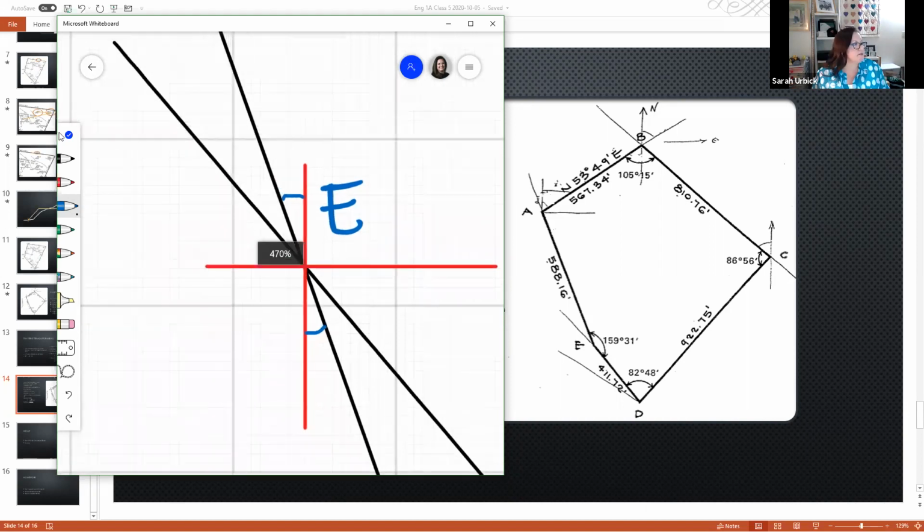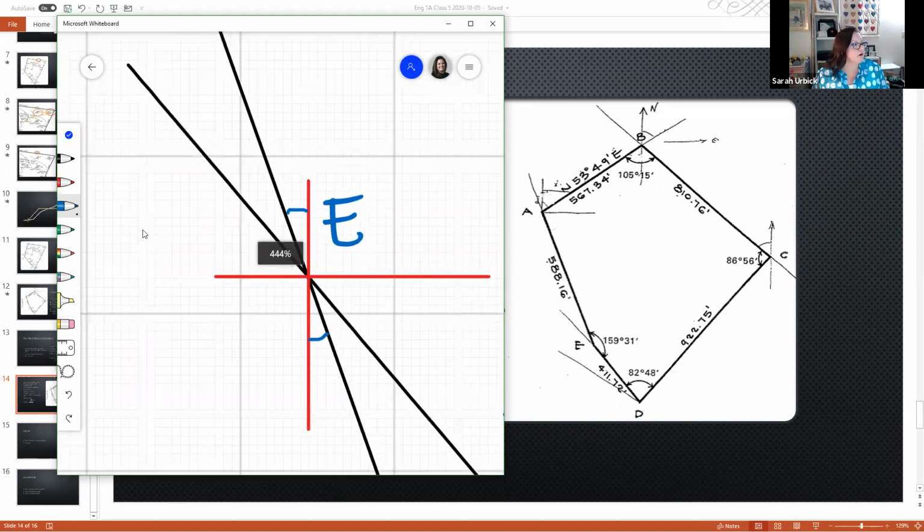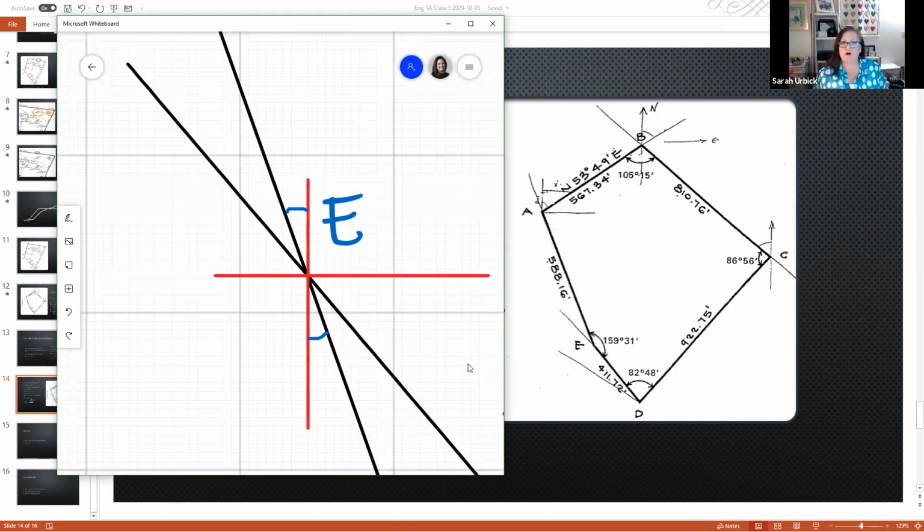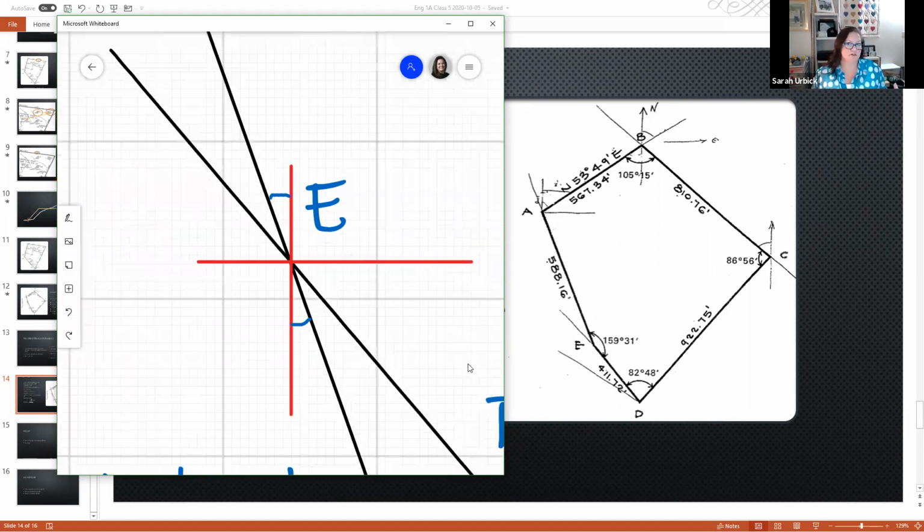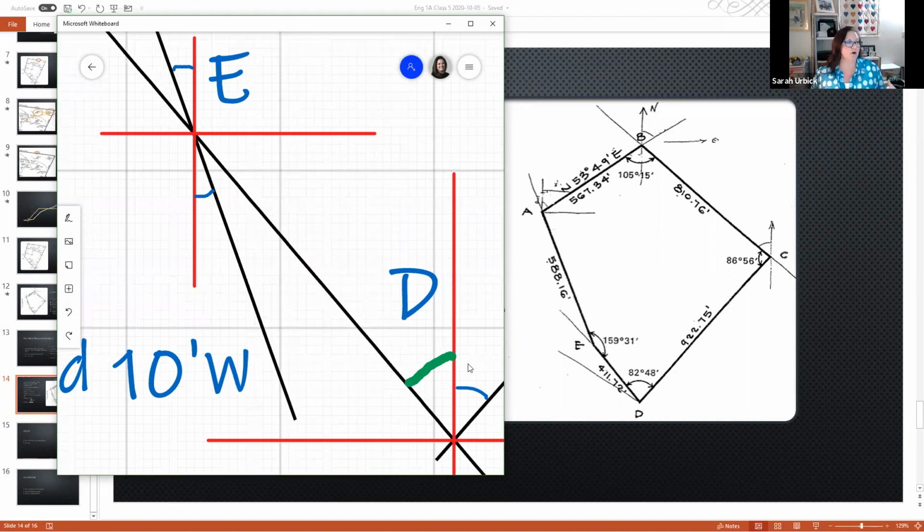But what we've been doing so far with all of our other angles is determining the alternate interior angle. We've been using that to help us figure out what we're looking at. So this black line here, the angle it makes with this red vertical, with my north meridian, this angle here, I'm going to copy that and see if it'll let me paste it, because it's going to be right there.